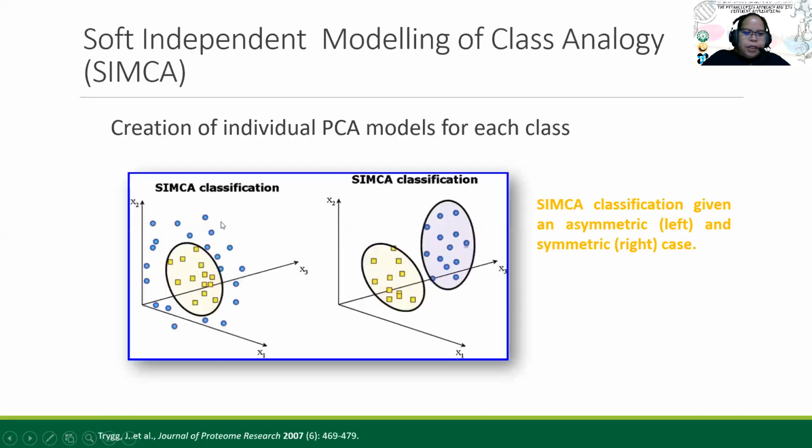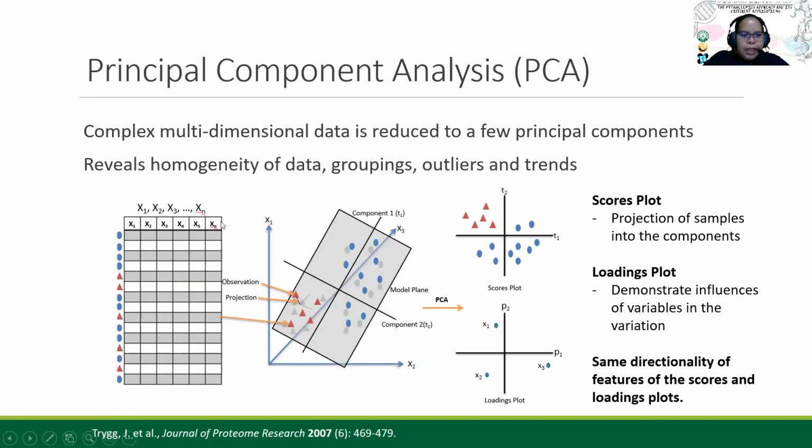Subsequently, from this data set, you'll be able to obtain a projection, and your observation will have a particular projection based on the principal components x sub 1 and x sub 2. Component 1 and component 2. So this is your axis, this is your principal component.